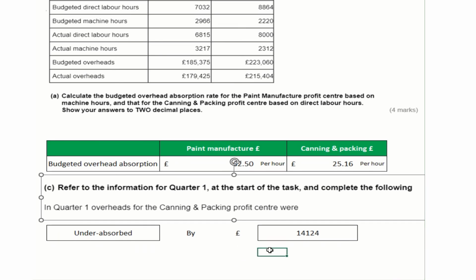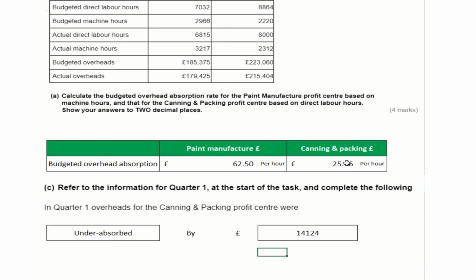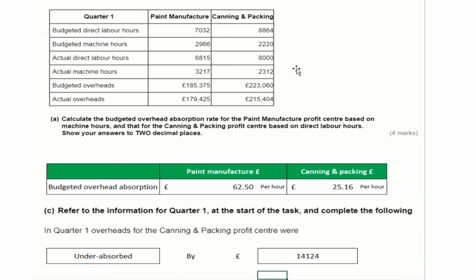So we took the canning and packing overhead absorption rate, multiplied it by the actual direct labour hours, then looked at the actual overheads and subtracted the calculation we just did, and then you see which was bigger. The overheads absorbed were less than the actual overheads, which made it under absorbed by £14,124. That is how you do task 5. Thank you very much for watching.